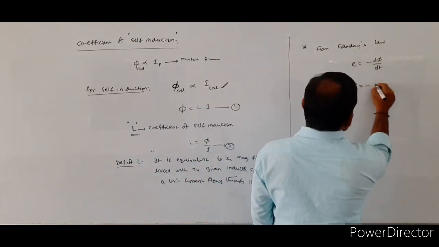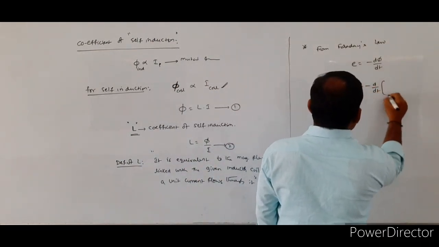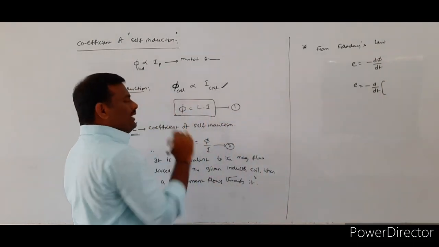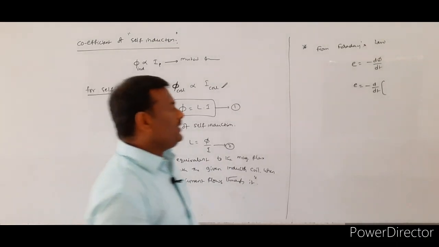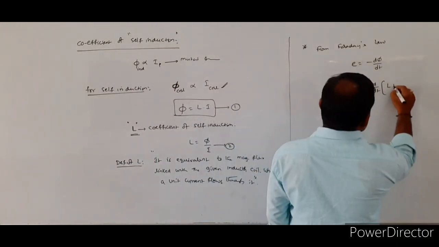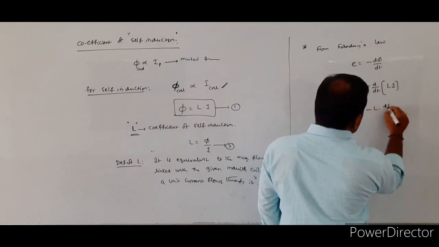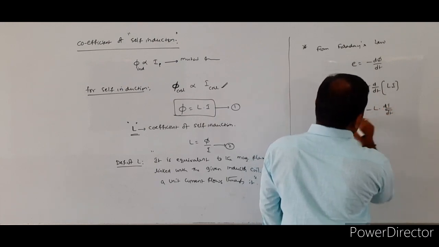So E is equal to minus d by dt of phi, and phi is equal to L into I. Substituting L into I here, E is equal to minus L into di by dt.